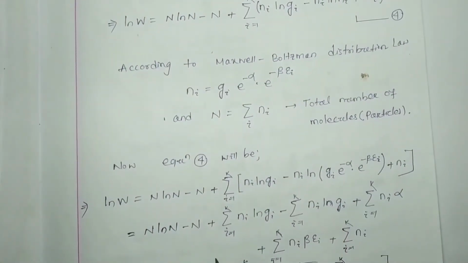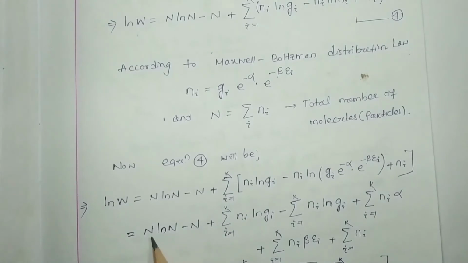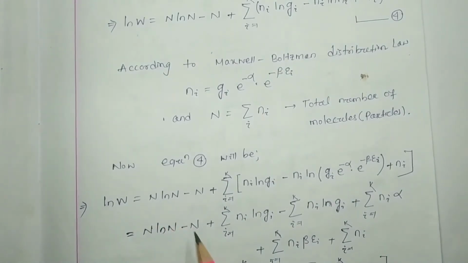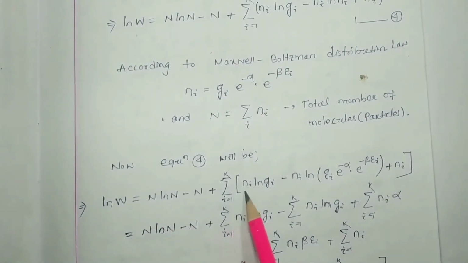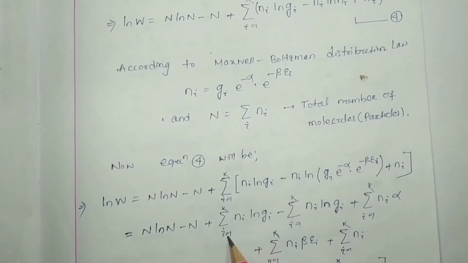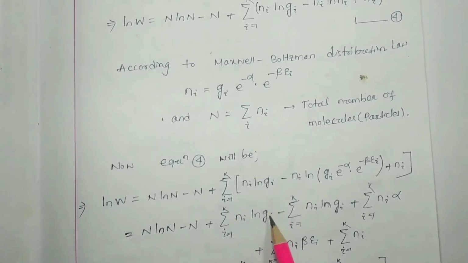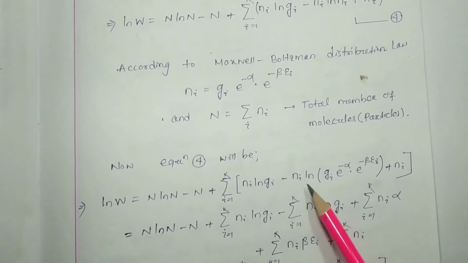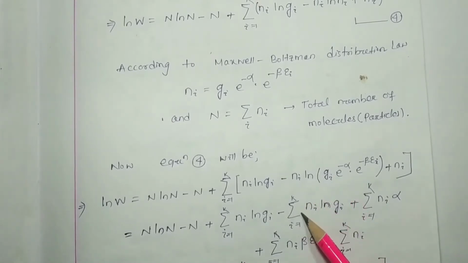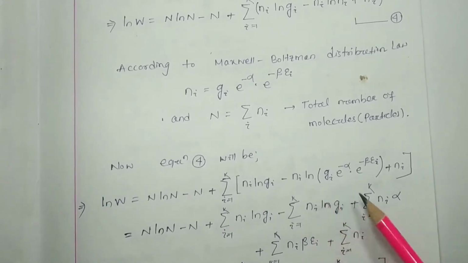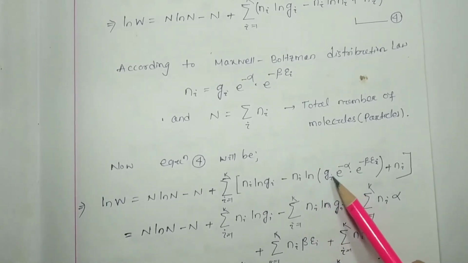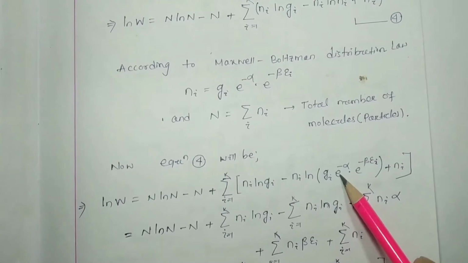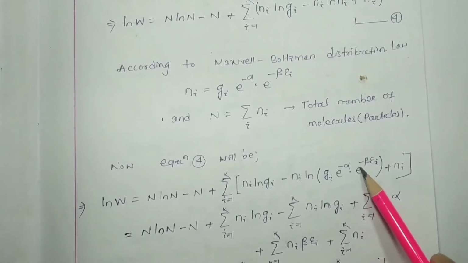Then, with further simplification, we found N ln N minus the summation over i equal to 1 to k of n_i ln g_i. Here the next term is n_i ln g_i. Then the next term is the ln g_i into f, e to the minus alpha into e to the minus beta epsilon_i.